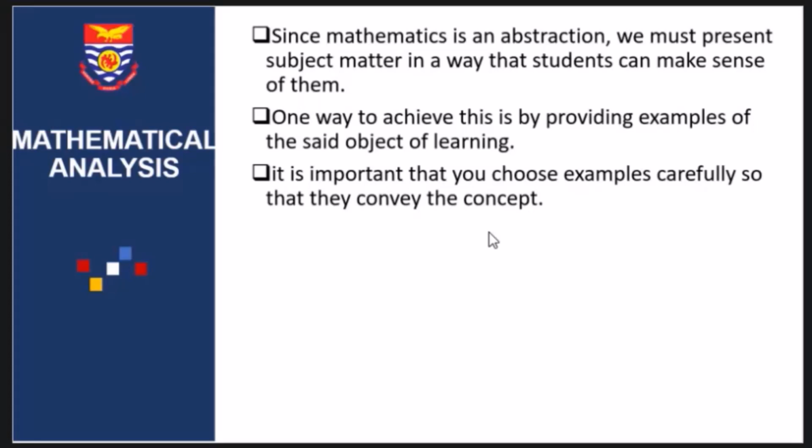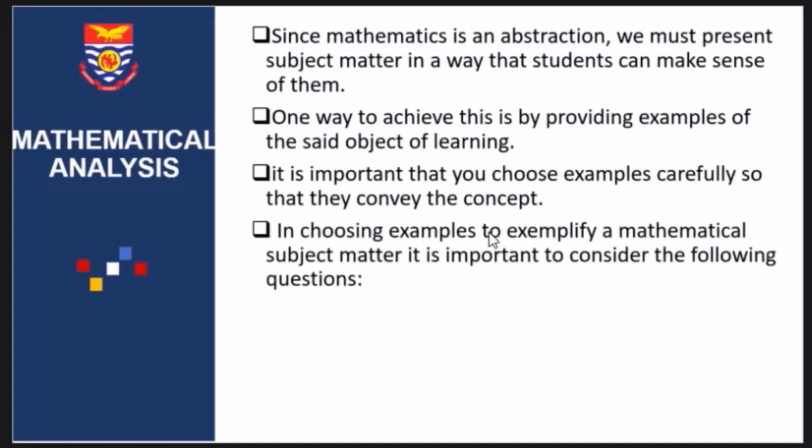So the examples that we choose should be related to the concept and should be able to convey what the subject matter is. In choosing examples to exemplify a mathematical subject matter, it is important to consider the following questions.